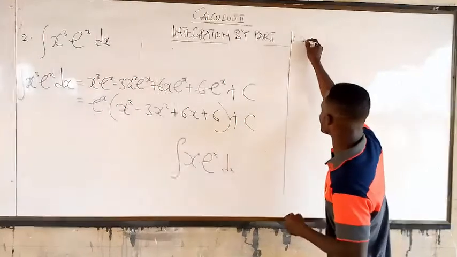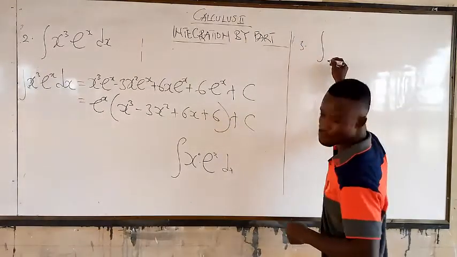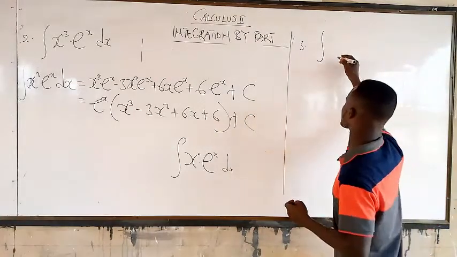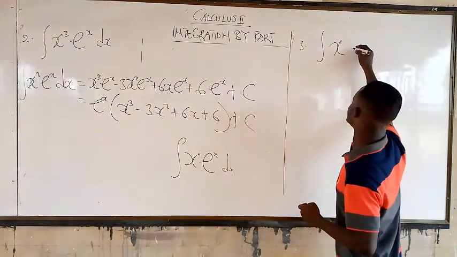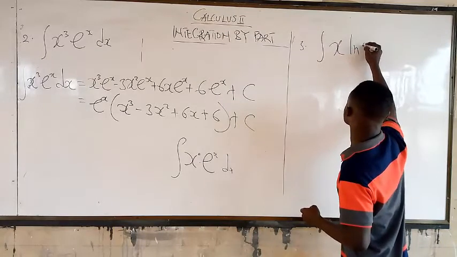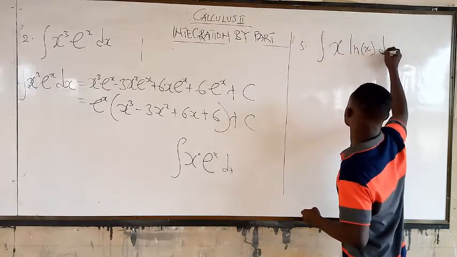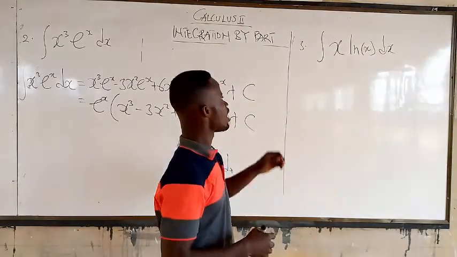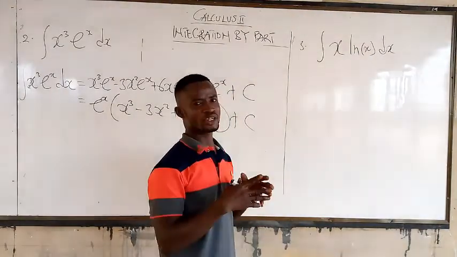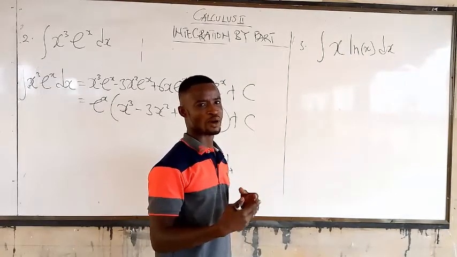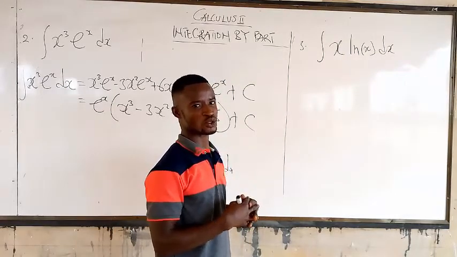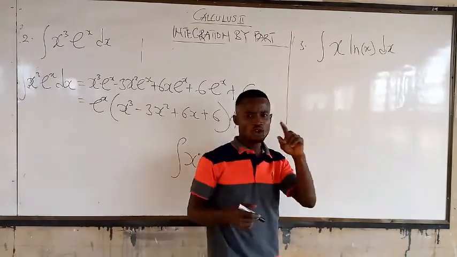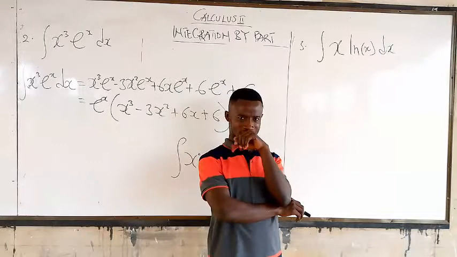Let's see question 3. When a polynomial meets with a natural log, let's say the integral of s ln s ds. Having this question, how are we going to do it? We have first talked about it. Now let's see how we can solve it. Here you can see that you don't know the integral of ln s.